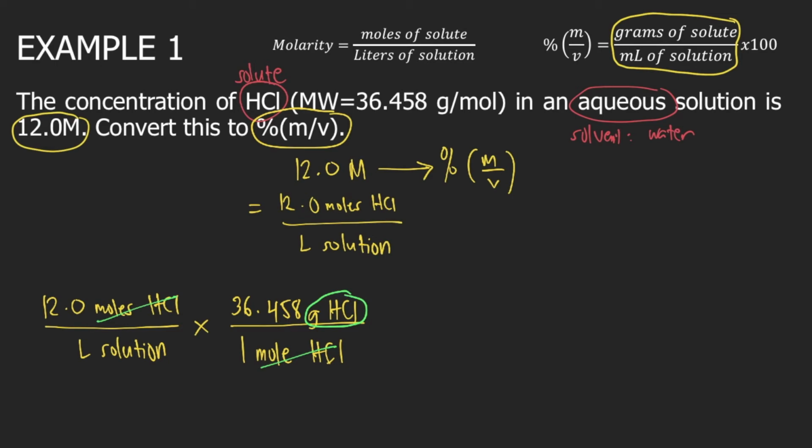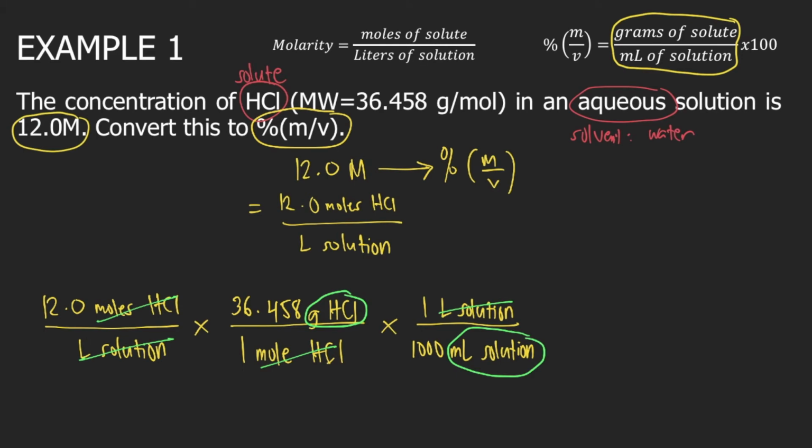Next is to convert liters to ml. We know that 1 liter is equivalent to 1,000 ml. So liters will cancel, and the unit on the bottom becomes ml of solution.